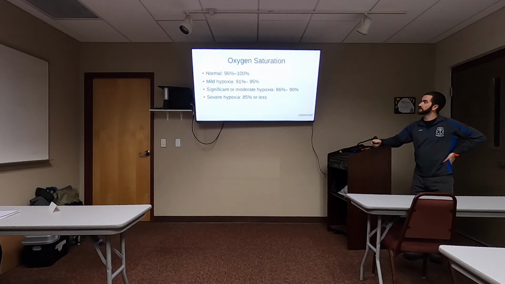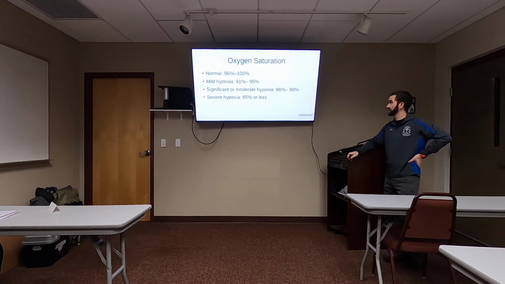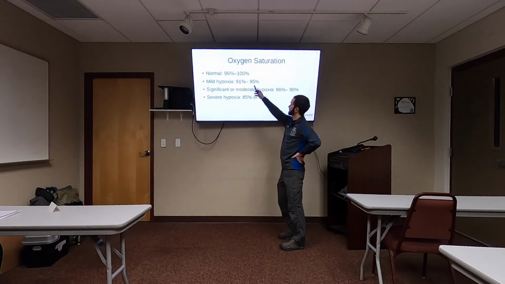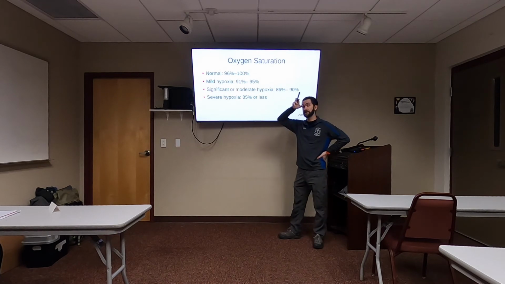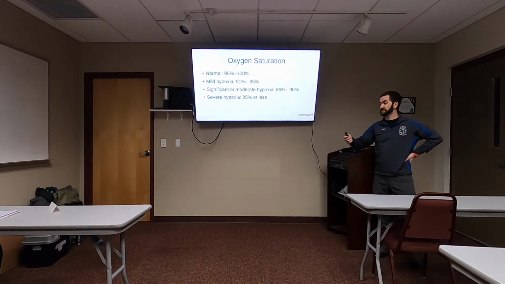Below 90, significant or severe hypoxia. Now, some people with chronic illnesses can have their normal be like 95 or lower. It's not healthy in particular, but you do see that on occasion.